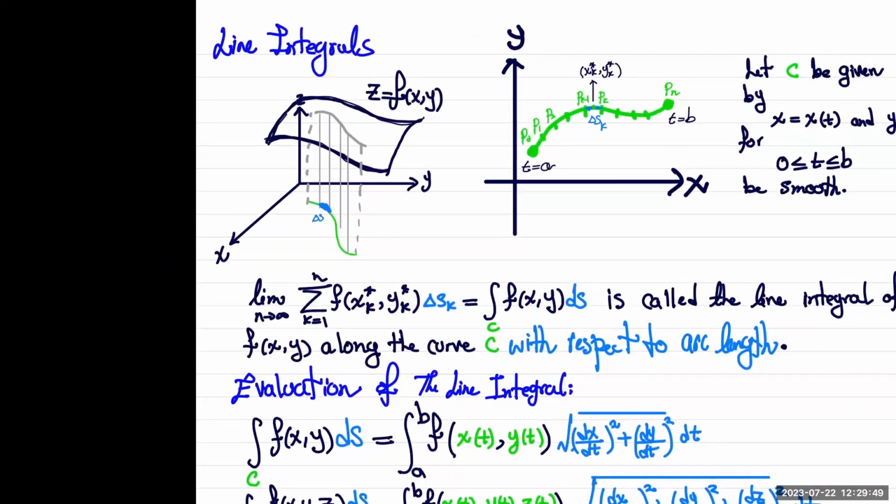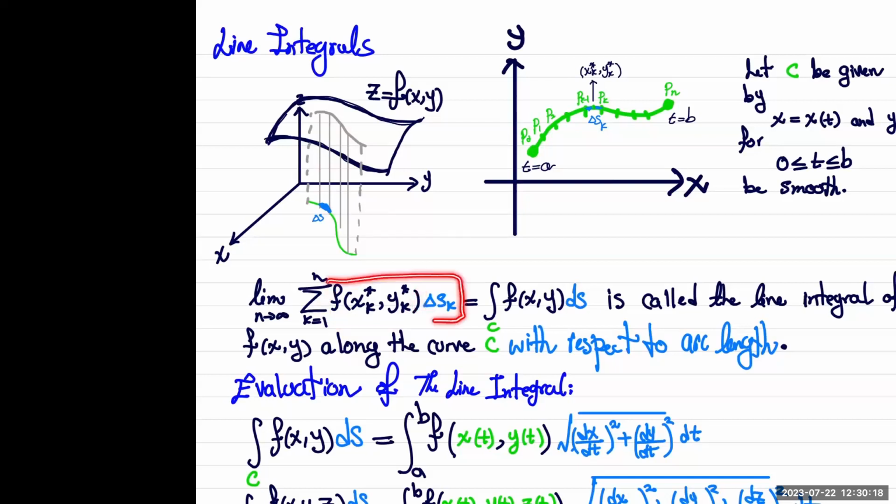So we get f of x star, y star, which gives you the distance from the xy plane to the surface. That's basically the z corresponding to the point x star, y star. Okay, and I have that right here. You multiply that by delta s.